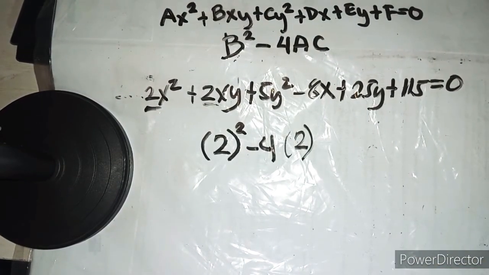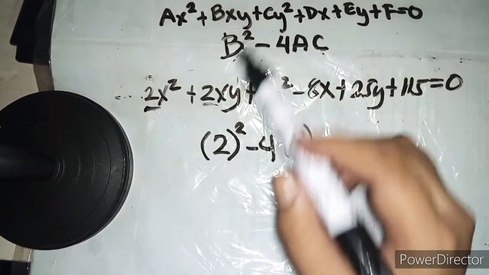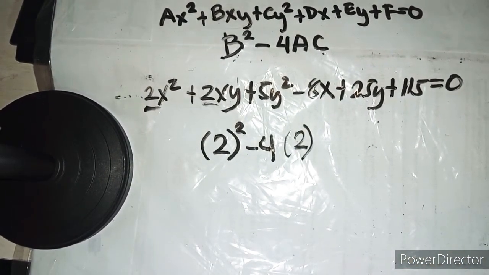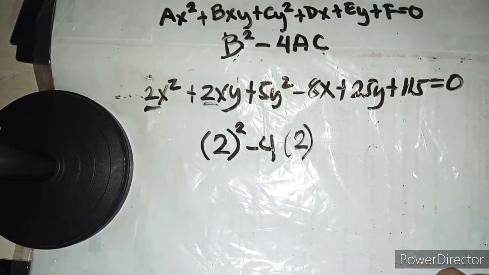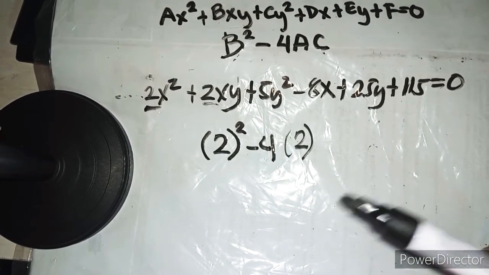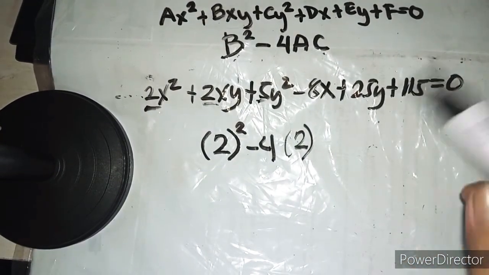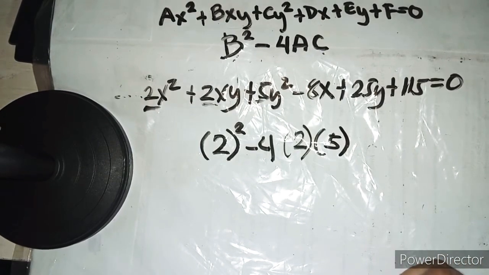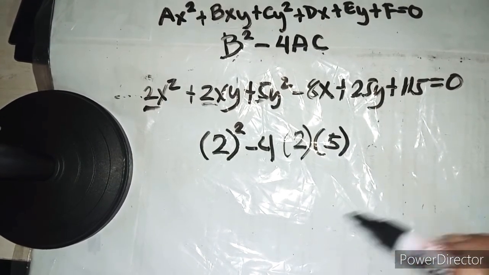Next, let's find the value of c. Let's check again in our general form. We have cy squared. So let's check now here in our given equation. So the coefficient of y squared is positive 5. So let's rewrite it here. Now, let's simplify the equation.